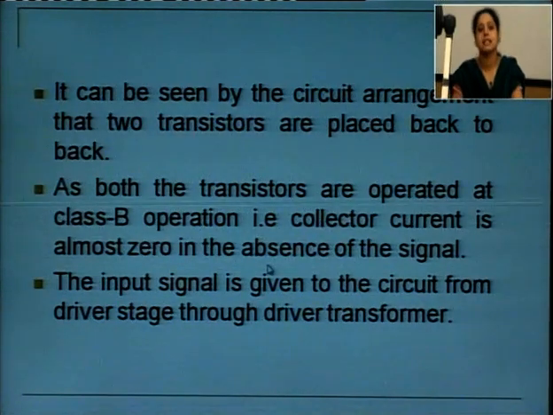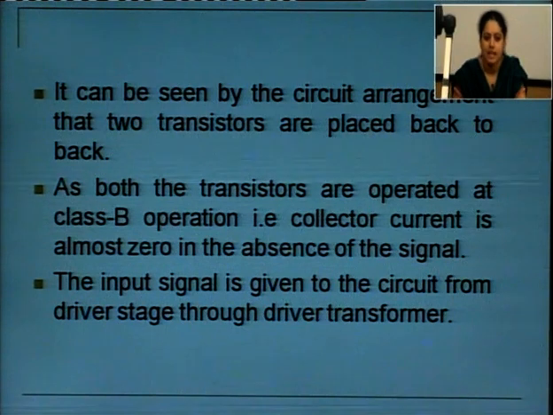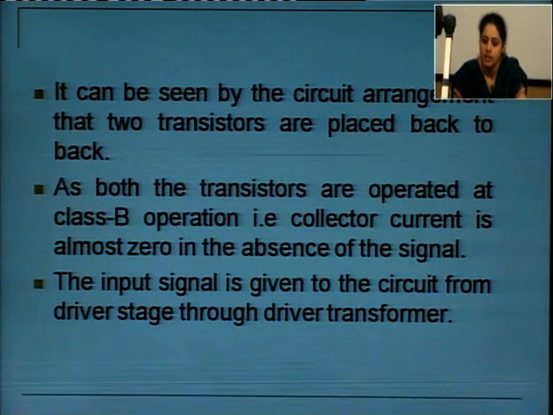Now, it can be seen from the circuit arrangement that the two transistors are placed back to back. As both transistors are operated in class B operation, that is, collector current is 0 in the absence of the signal. The input signal is given to the circuit from the driver stage to the driver transformer, that is, through primary-secondary action it is transferred further.